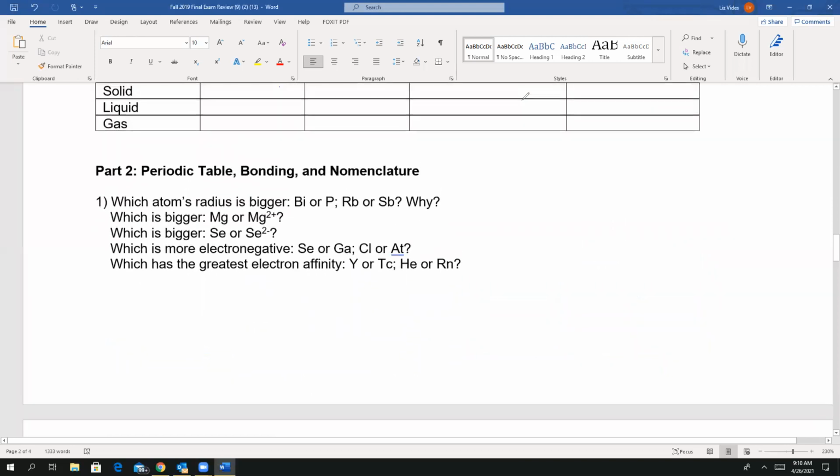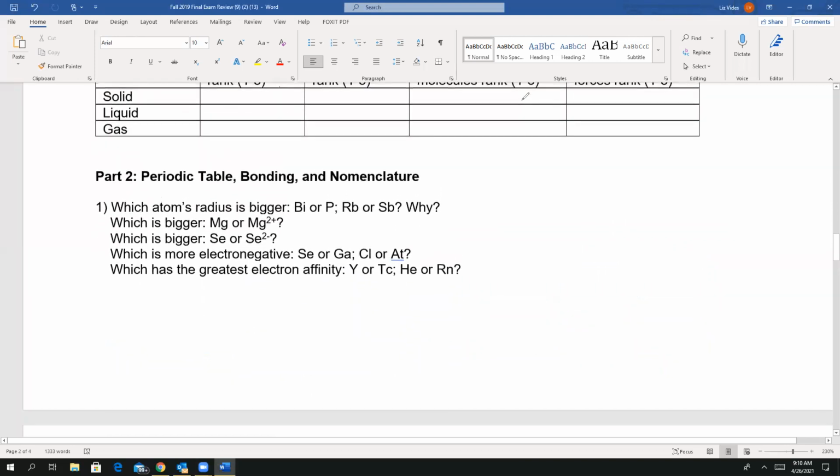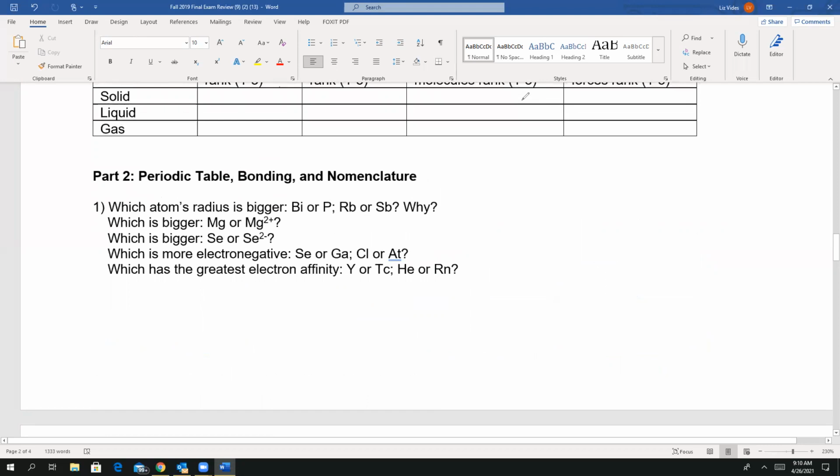Periodic table, bonding. Okay, so this is where we're going to stop today. All right, it says which atom's radius is bigger, bismuth or phosphorus, rubidium or antimony, and why? Well, first of all, you need a periodic table. Without one, there's no way you can tell.